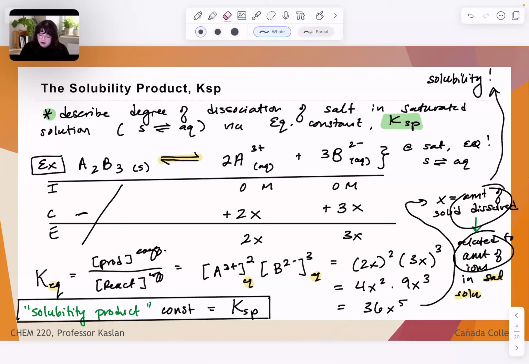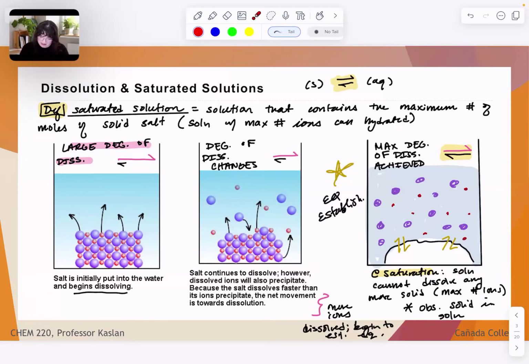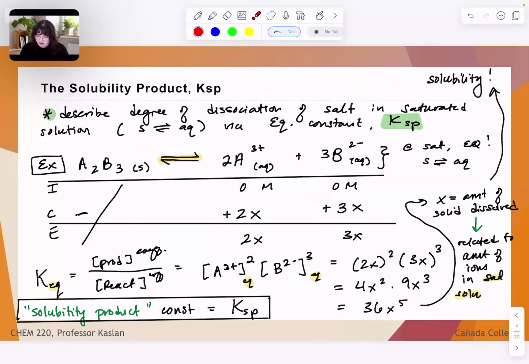So in our next video, we are going to talk about this idea of solubility, because we've described the idea that once we're in this state of saturation, we have hit our maximum amount of solid that was dissolved. And this is something that we are going to relate to a quantitative number that says this is how soluble you are.